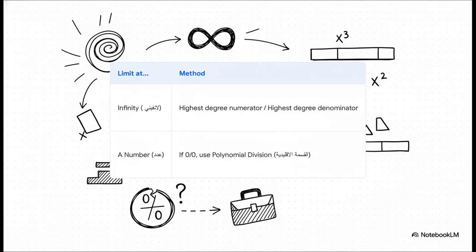Okay, what about rational functions? You know, the ones with fractions. Well, for limits at infinity, the rule is pretty similar. You take the highest degree term from the top, the numerator, and you divide it by the highest degree term from the bottom, the denominator. But when you're looking at a limit at a specific number and you hit that classic 0 over 0 problem, you need to pull out a special tool from your toolkit.